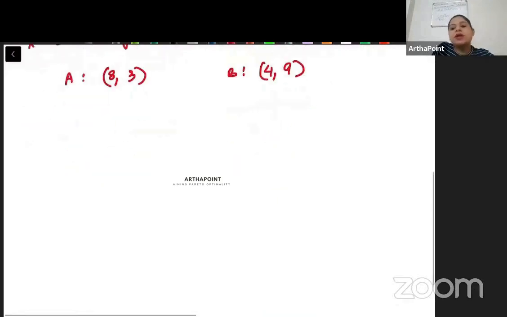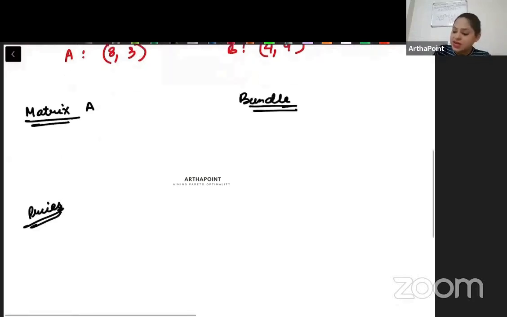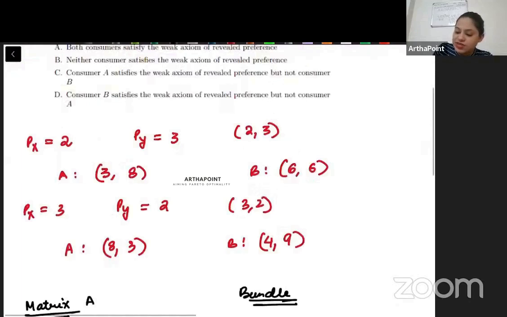First of all, I need to make a matrix for individual A. So let's make the matrix for individual A. I'm going to take prices here and I'm going to take my bundle here. So the two kinds of prices I am given are 2, 3 and 3, 2.